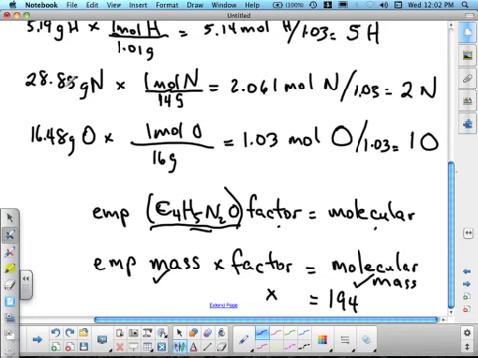So 4 times carbon, 48, plus the hydrogens, plus the 2 nitrogens, plus the oxygen, and this is 97.1, the empirical mass. So if I take 194 and divide by 97.1, I will have my factor, and it's 2. So X is 2.